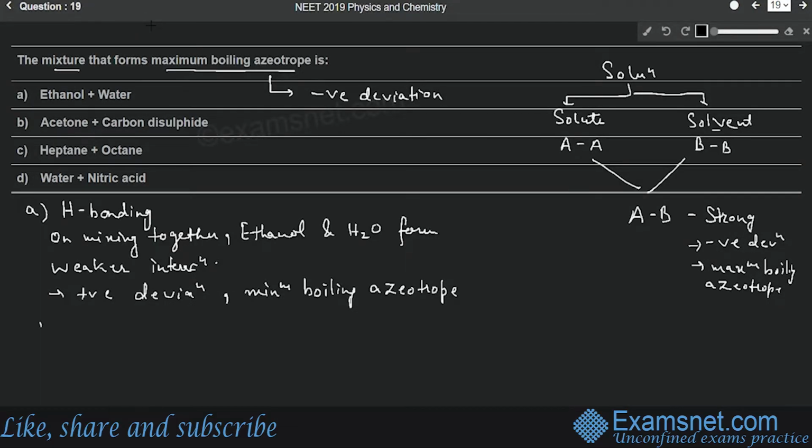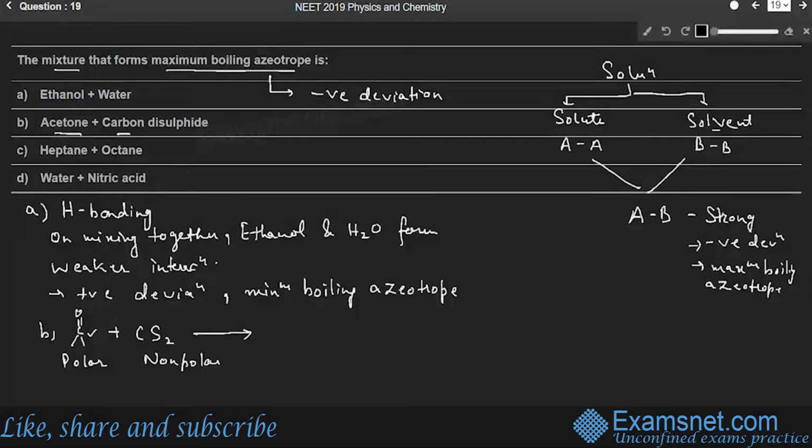Now we come to the second one. It is acetone plus carbon disulfide. So acetone consists of carbon double bond oxygen, okay, and carbon disulfide, that means CS2. So we know that acetone is a polar molecule and carbon disulfide is a non-polar molecule, okay. Now when they are mixed together, what happens?